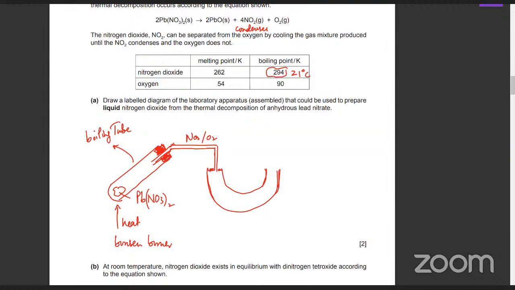It's kind of like this. And that's again no gaps.